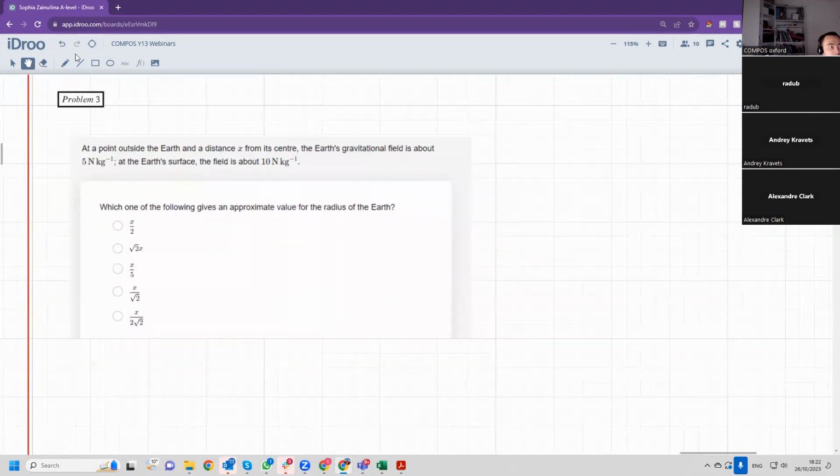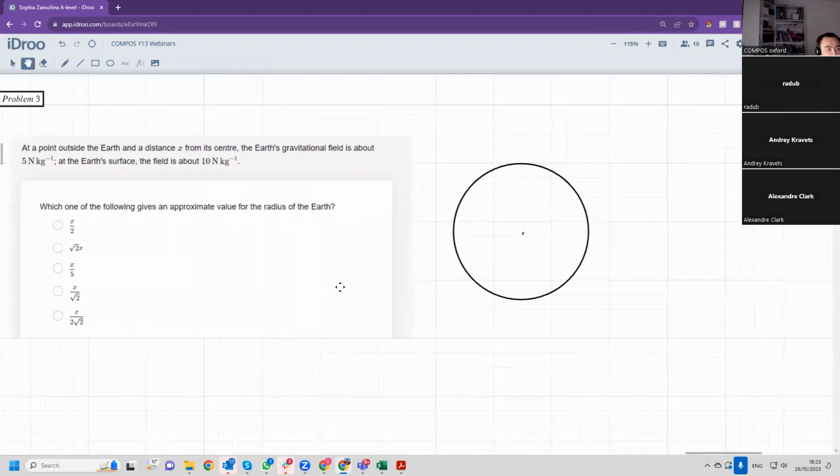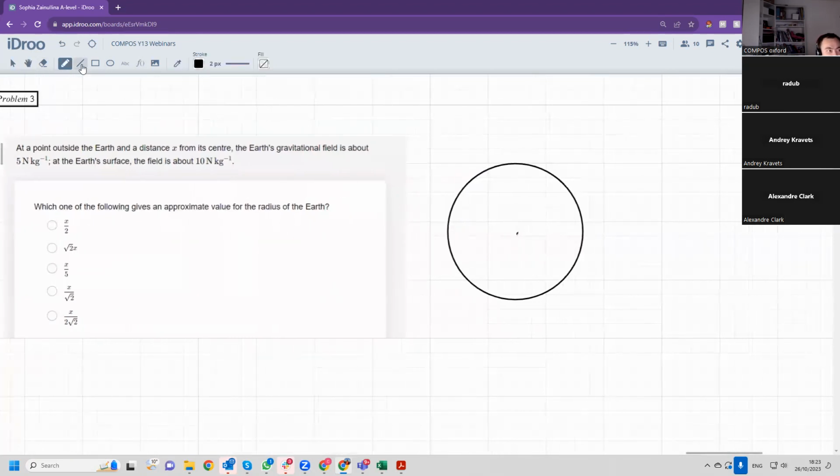So at a distance x from the center of the Earth, gravitational field g1 is 5 newtons per kilogram, and at the surface, gravitational field g2 is 10 newtons per kilogram.